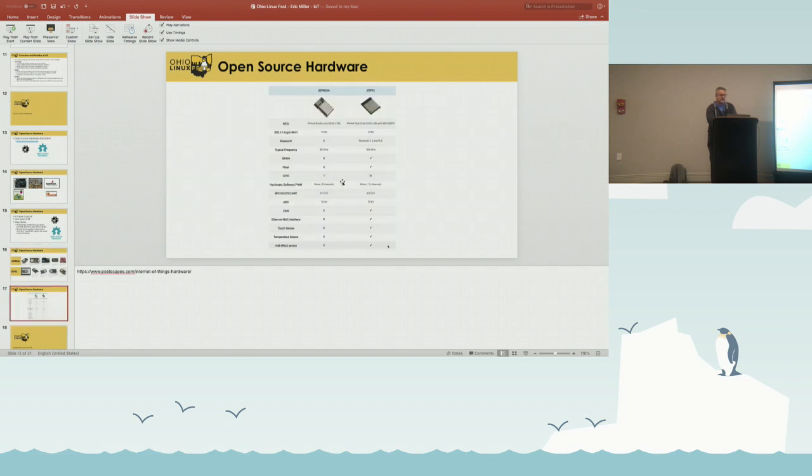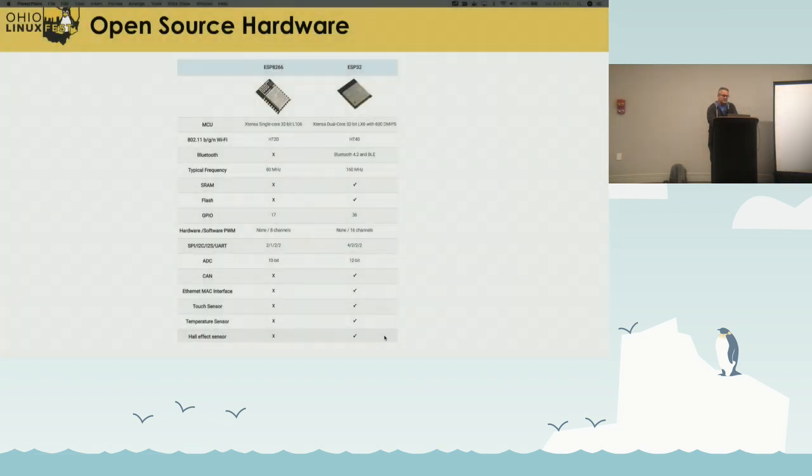It's substantial. I don't know if you can see that very well. You probably can't. I'll go big screen for a second. The ESP32 most notably has Bluetooth, whereas the 8266 does not. It has twice the clock speed. It has some SRAM and flash, neither of which the 8266 has. It has nearly twice the GPIO pins.